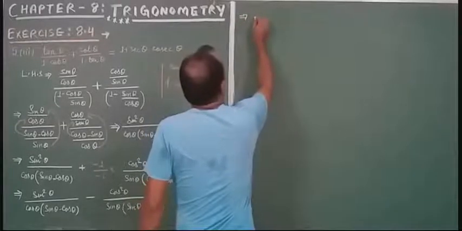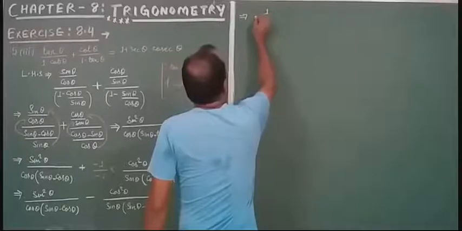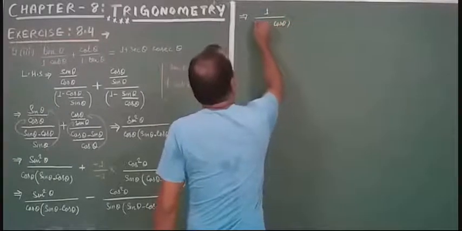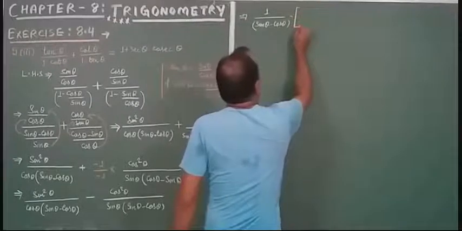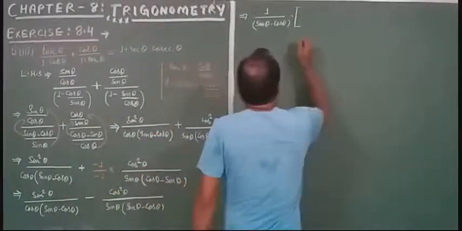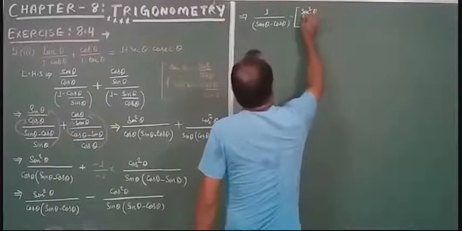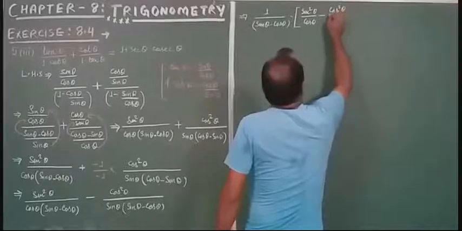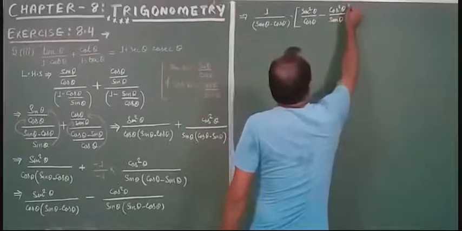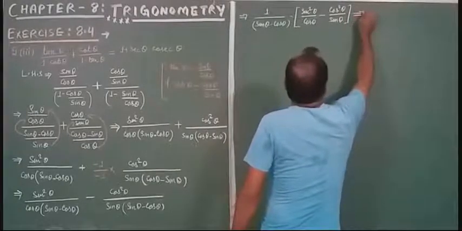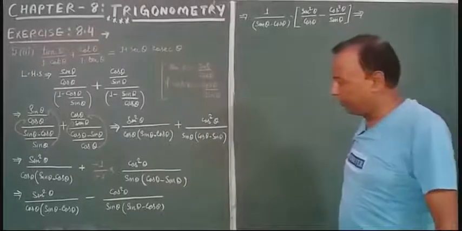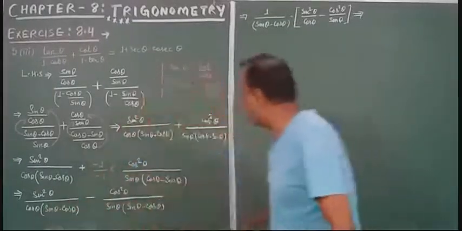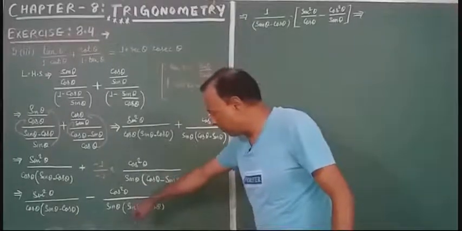We can write 1 upon sin theta minus cos theta, and inside the bracket: sin square theta upon cos theta minus cos square theta upon sin theta. Is it okay? If I take 1 upon sin theta minus cos theta common, this is what is left.